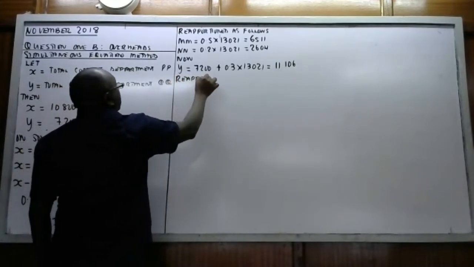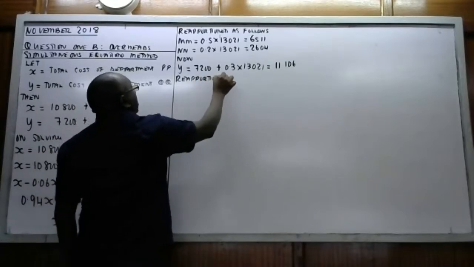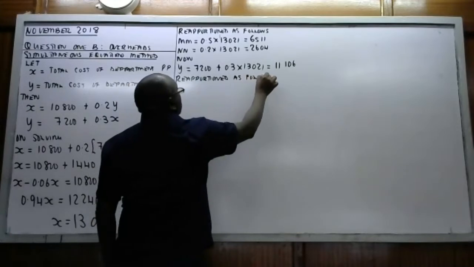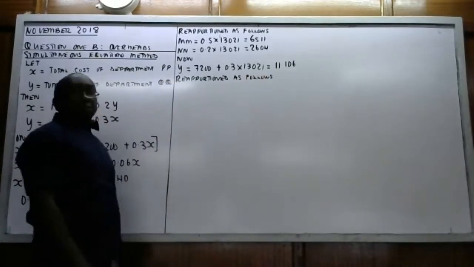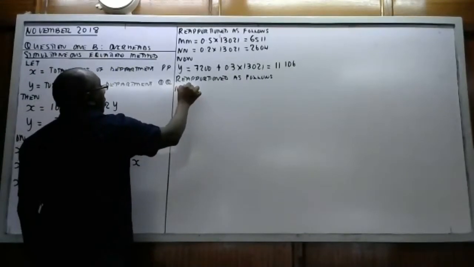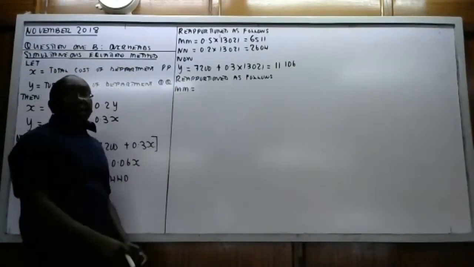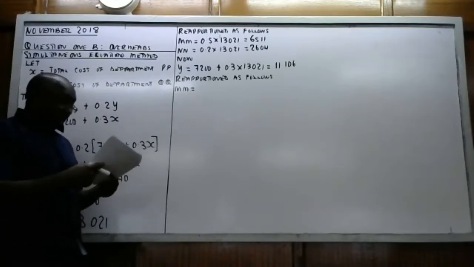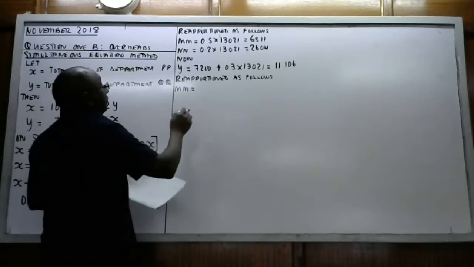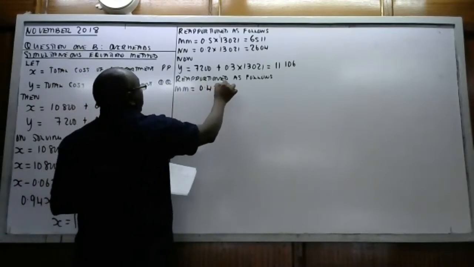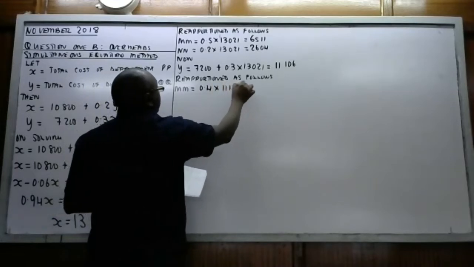Reapportioned as follows. If you follow MM, you will get from QQ it's getting 40%. So 40% of 11,106.